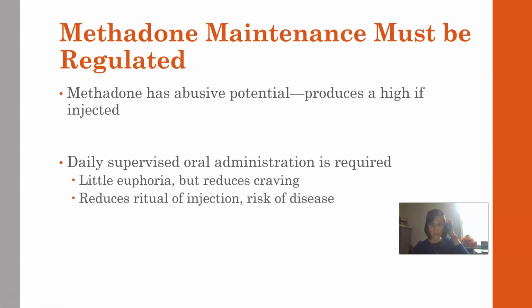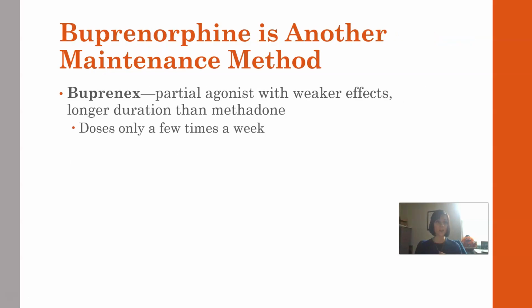You go to a methadone clinic, they give you a pill, they watch you take that pill, and then you leave. So there's very little euphoria that the methadone produces, but it does reduce the cravings, and it also reduces using needles. It reduces the ritual of injection and the risk of disease that happens as a result.